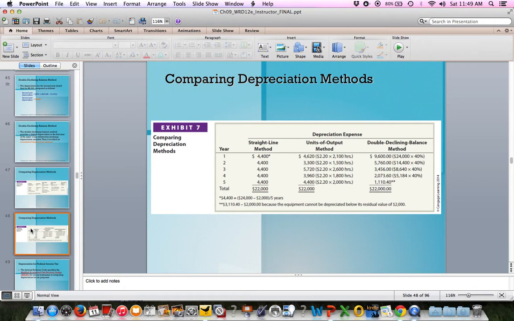And then just comparing the methods, ultimately we're depreciating $22,000 for all 3. It's just how much we recognize in each year is very different. You know, straight line is the same every year. Units of output is completely based on hours used. Double declining just takes a whole lot right away and not very much at the end.